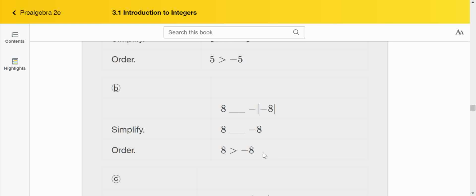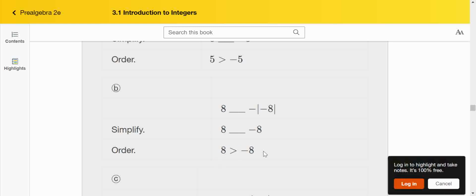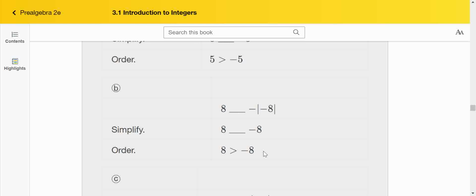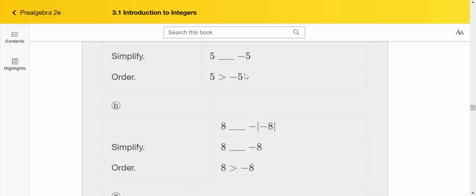That is to say, -8 is less than 8, which is also true. And you could do that for this also. -5 is less than 5. Or you could say 5 is greater than -5.